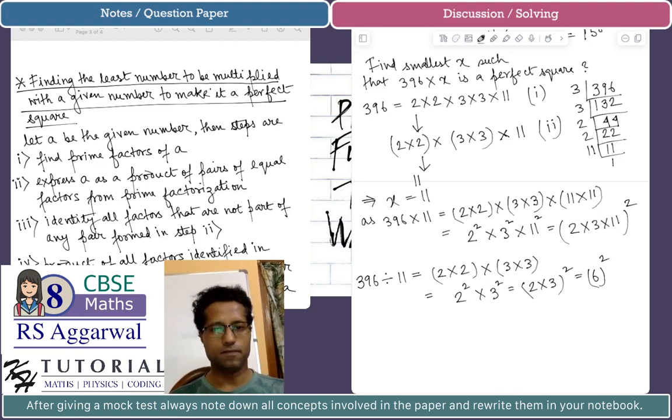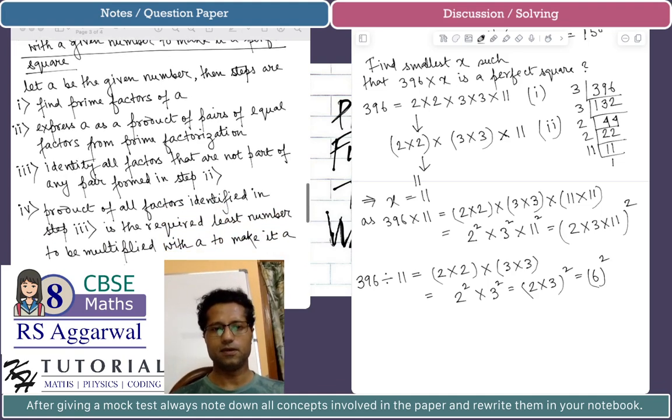So the concept of finding the least number to be multiplied or divided with a given number to make the result a perfect square is the same. For multiplication, you just multiply. You have to identify up to step 3. It is same.